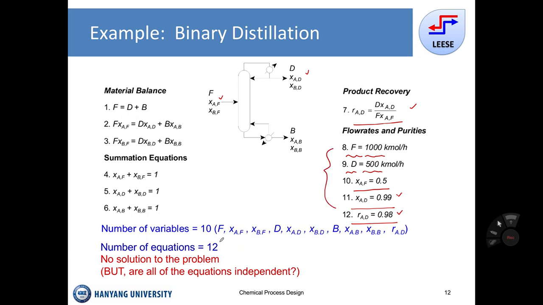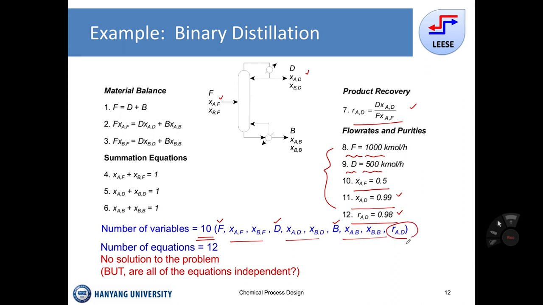Then when you're looking at the number of variables here, we have 10 variables, okay? F, D, and B, these are 3 flow rates, and 6 compositions for each of the F, D, and B flows.